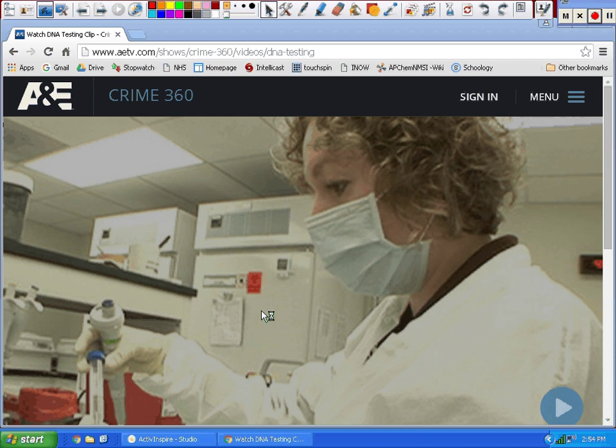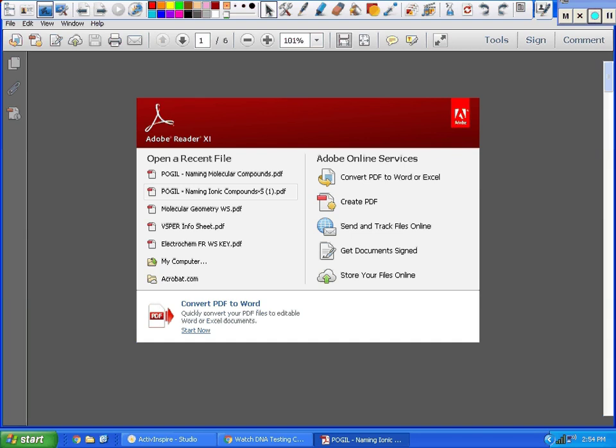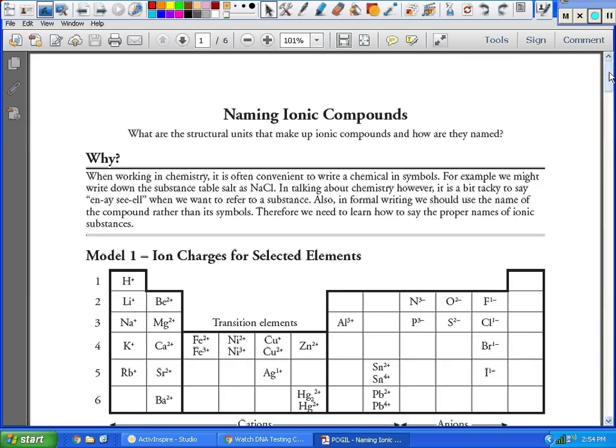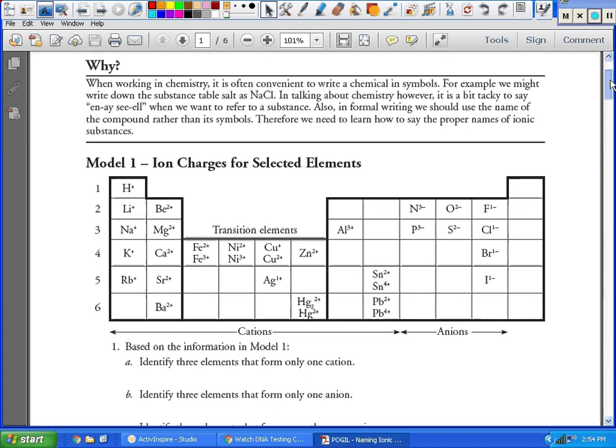Ionic compounds. Before we begin, as a matter of fact, when working in chemistry, it's often convenient to write chemical substances in symbols. For example, we might write down the substance table salt as NaCl. In talking about chemistry, however, it's a bit tacky to say, what does that say?